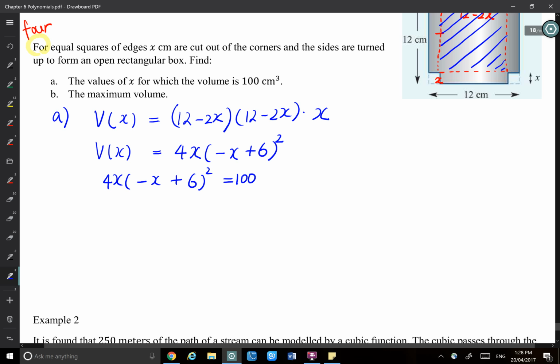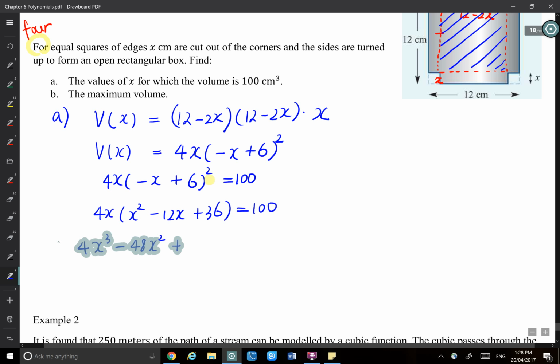But you can't solve by this form. You need to expand it.